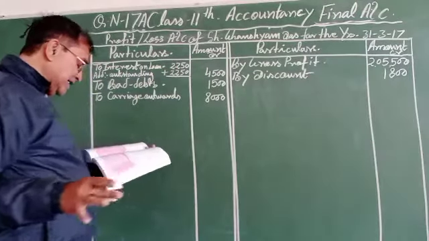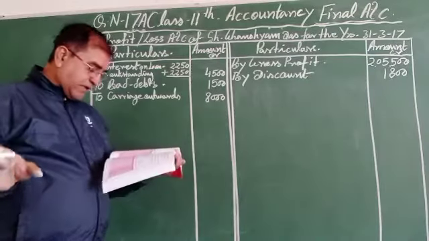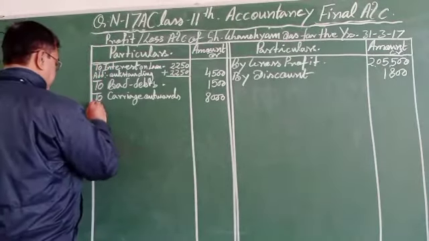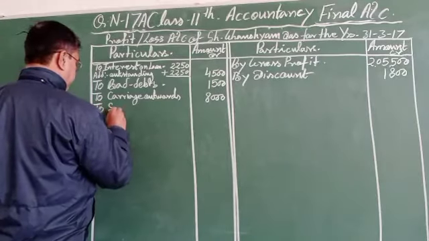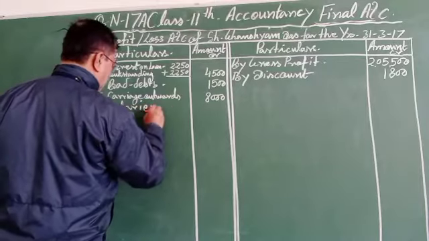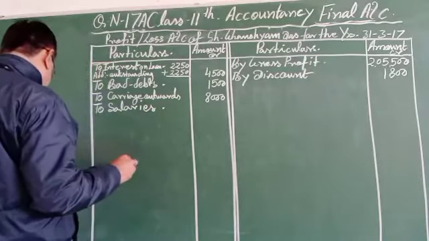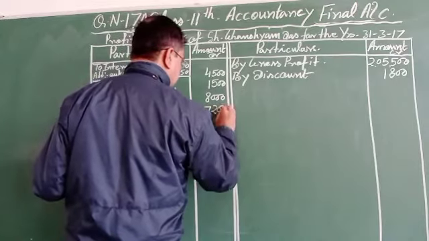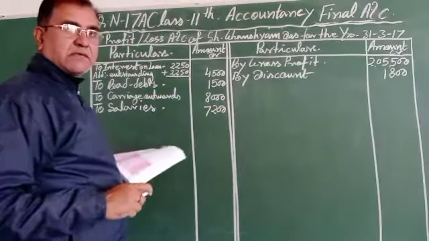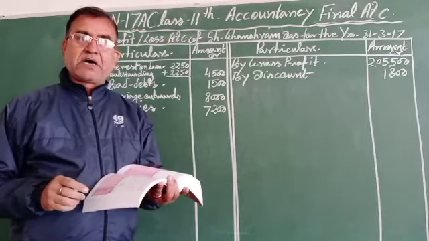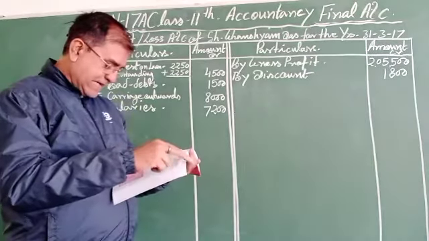Then after carriage inward, that is the item of the trading account, to salaries, given 7,200. This one is the item given inside the trial balance. Salaries.